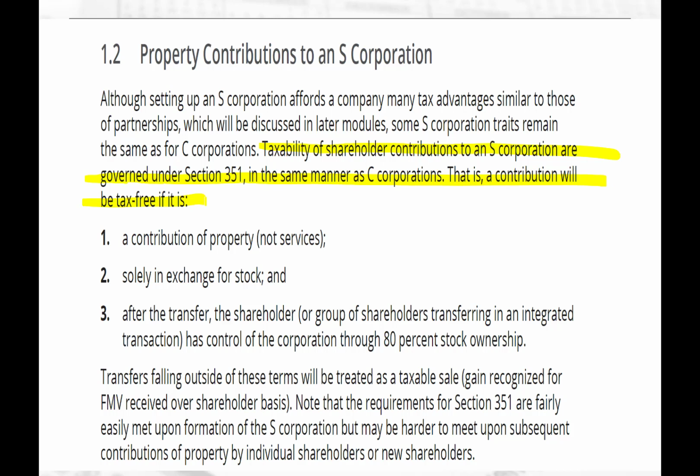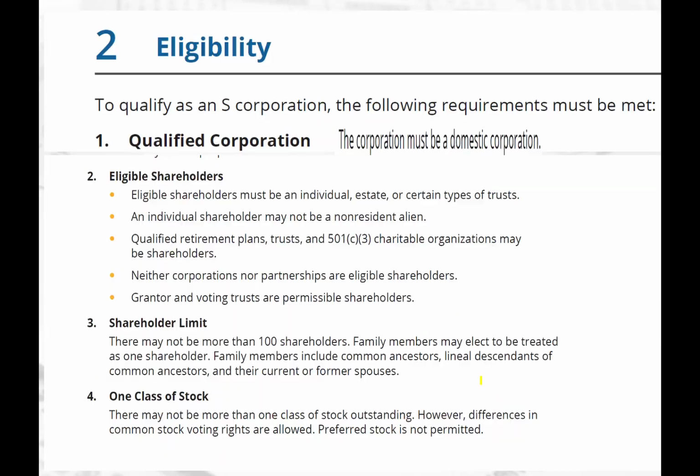So remember, you don't have to pay tax if the contribution is property, not services, solely in exchange for stock, and after we have made the contributions, then we have to have the 80% ownership. So the same rules that we talked about for C corporations also apply to an S corporation in order to have contributions not be taxable. Okay, and so if it falls outside of these terms, then the contribution into the S corporation would be considered taxable.